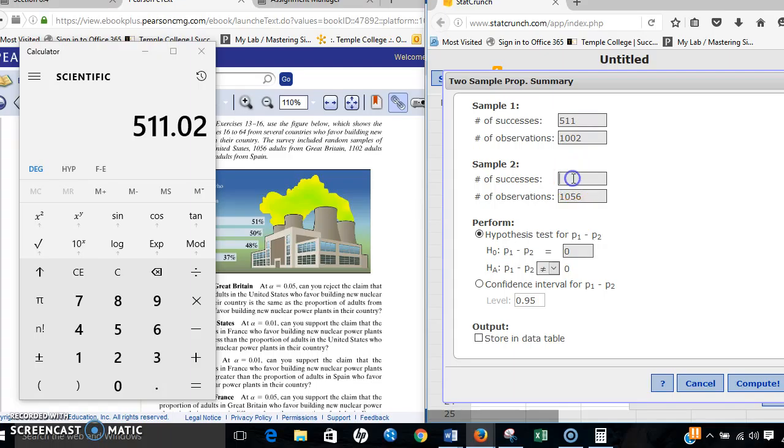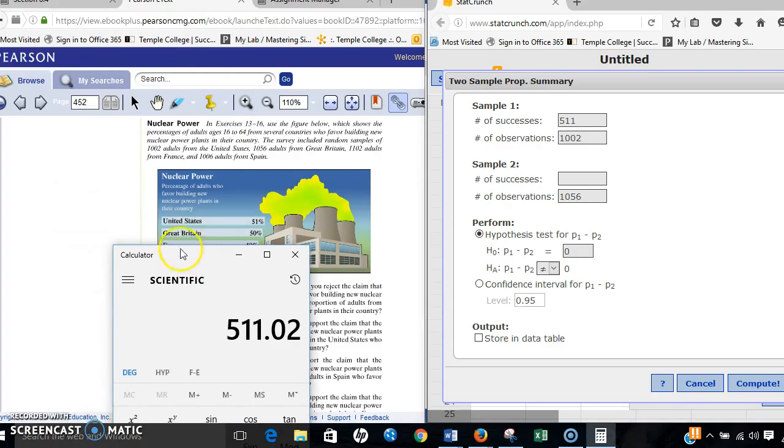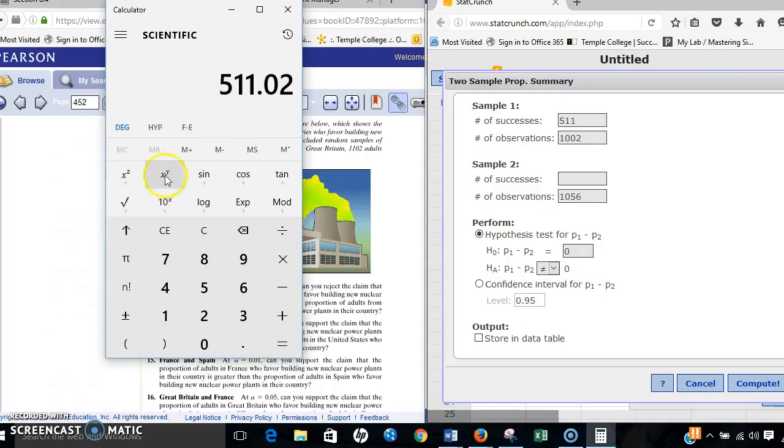Now I'm going to do the same thing for sample 2 for Great Britain. I'll move this down so you can see. Great Britain is 50%. So for 50%, I'm just going to clear what I typed in. I'm going to do 0.50 times 1,056. That's the sample size for sample 2, and I get 528.